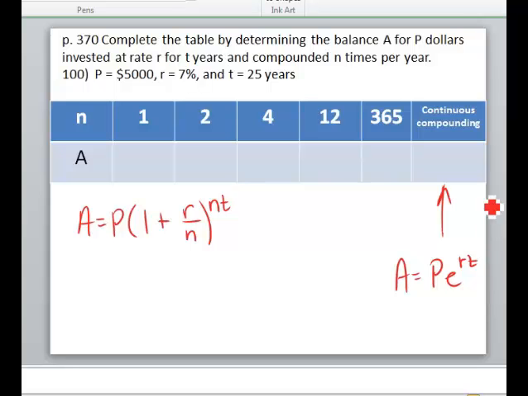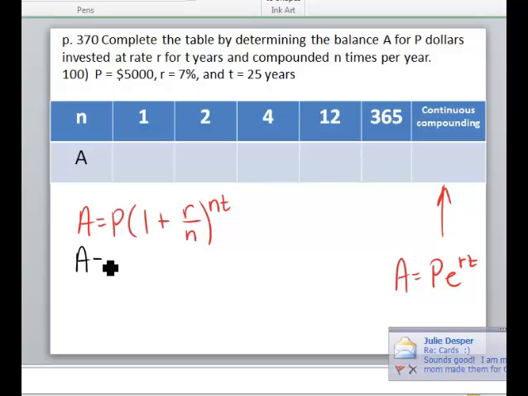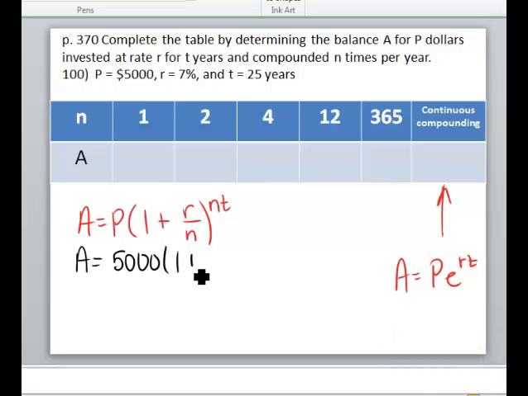Now, how do we do this? Well, P is the principal amount. So, in this problem, we're talking about investing $5,000, at a rate of 7%. The number of times it's being compounded for this particular column is 1 time, and then we'll have 1 times the number of years, 25.